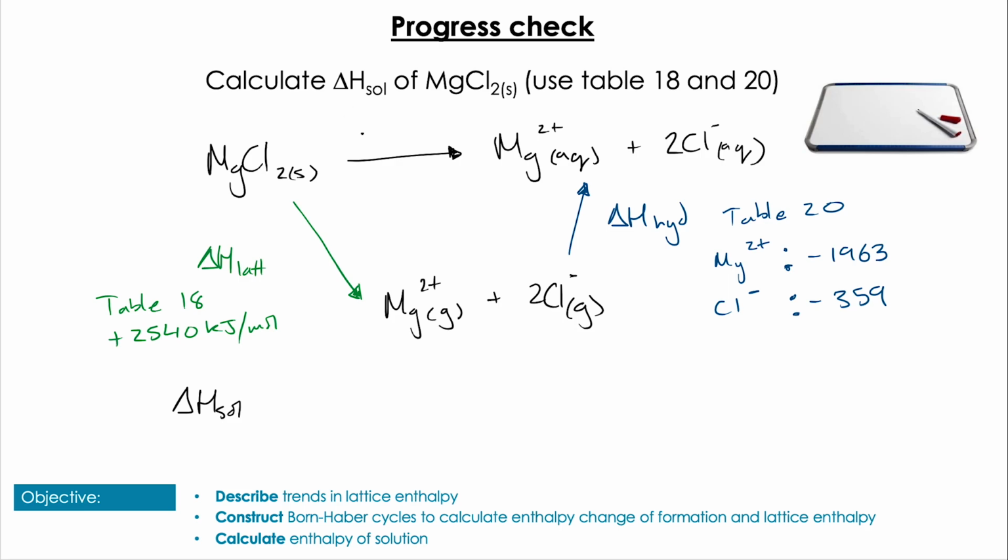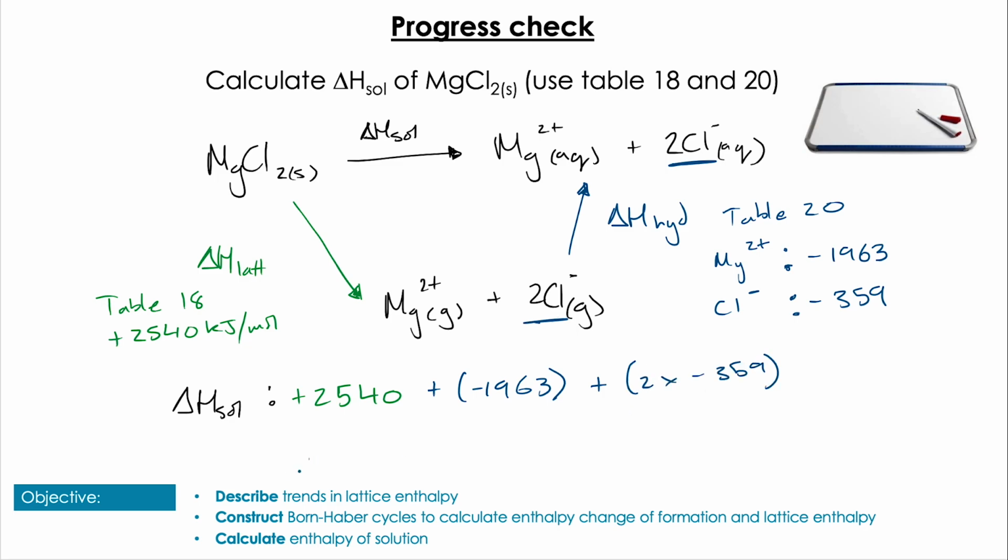Of course, we're going to use 2 moles of the 359. So we get plus 2540 plus minus 1963 plus 2 times minus 359 gives us an overall value for the enthalpy of solution of minus 141 kilojoules per mole.